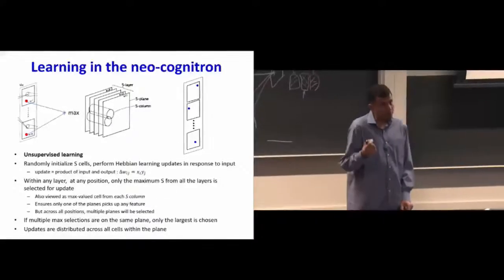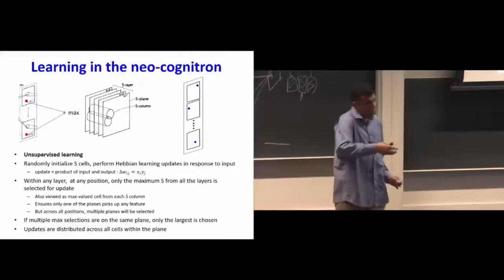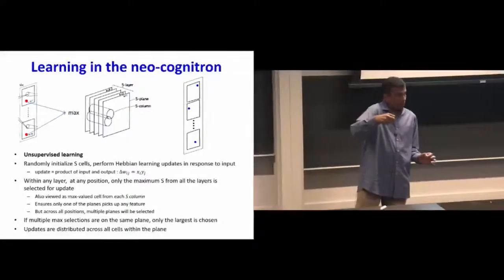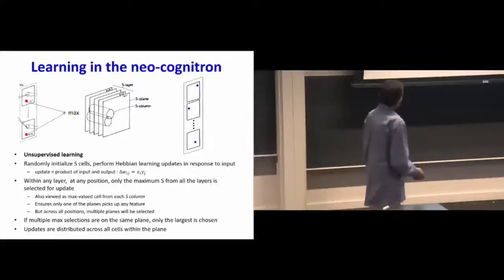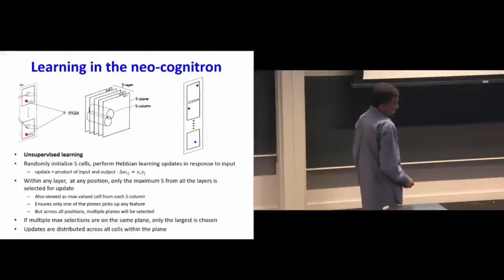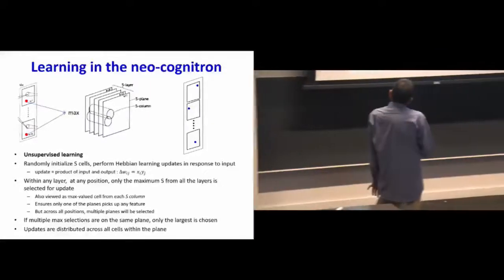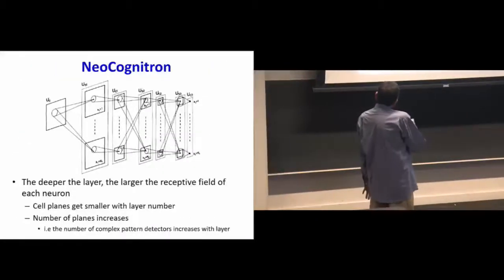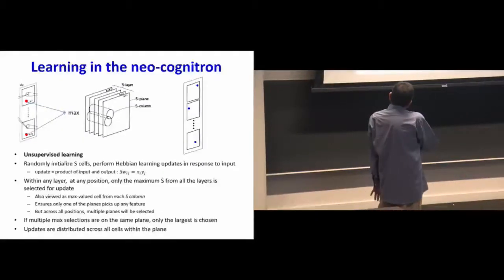Now, we all remember what Hebbian learning was, right? You start off with some weights, and then each weight gets updated by the product of the input and output of the corresponding connection. So this is exactly what he did. He would randomly initialize the C cells and S cells, and perform Hebbian learning updates. Within any layer, you can stack them up in one pile.